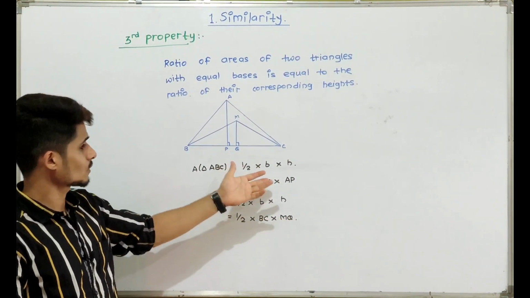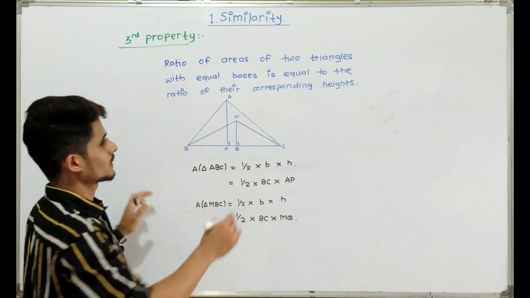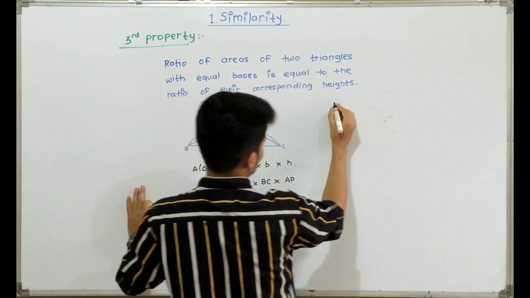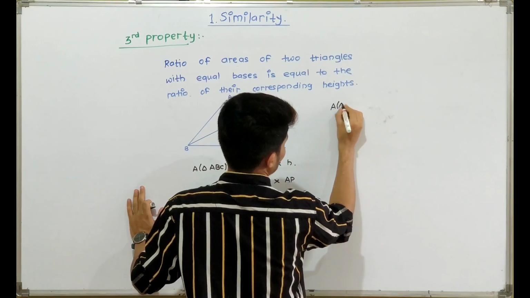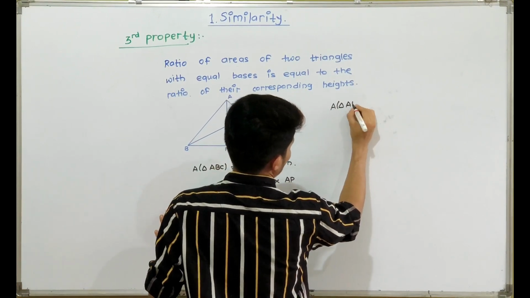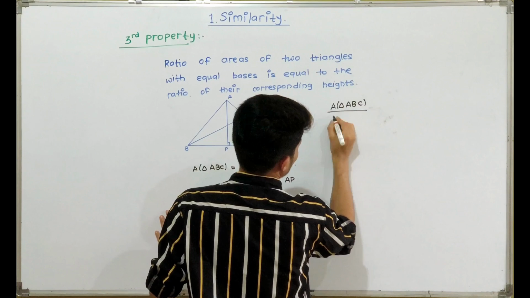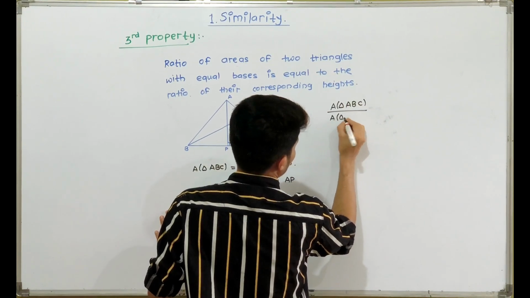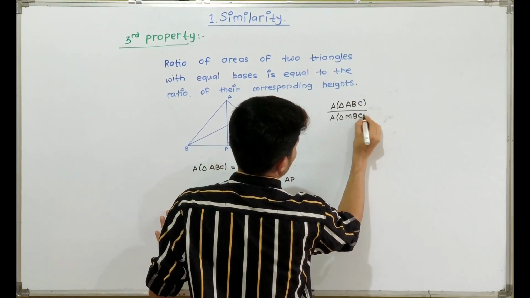Now we'll solve it using the property of the ratio of areas of two triangles. Firstly we'll take the ratio of the areas of the two triangles, that is area of triangle ABC upon area of triangle MBC.